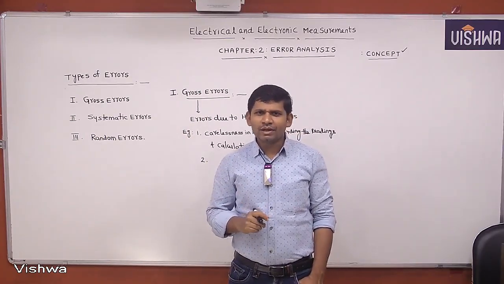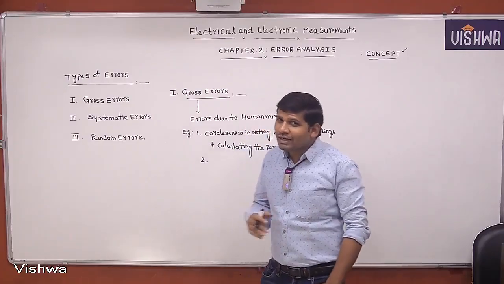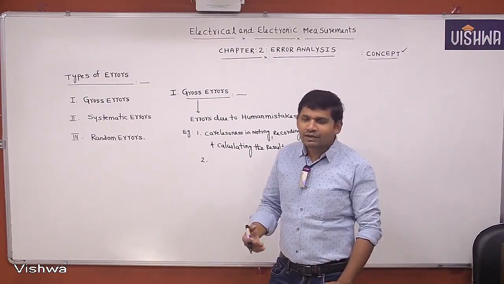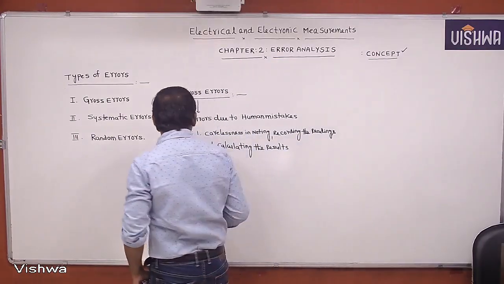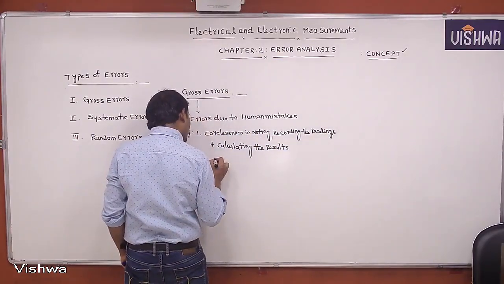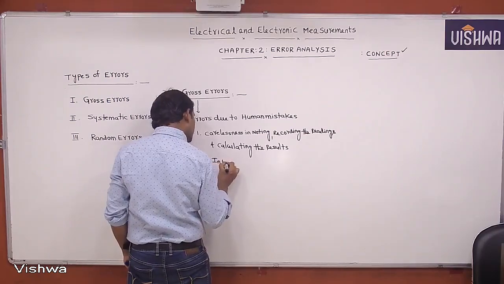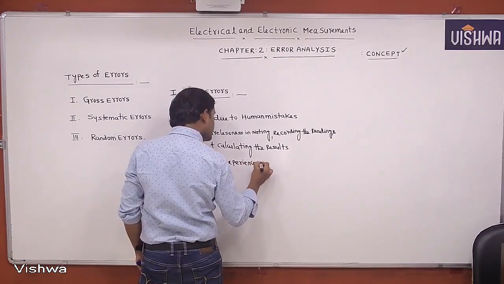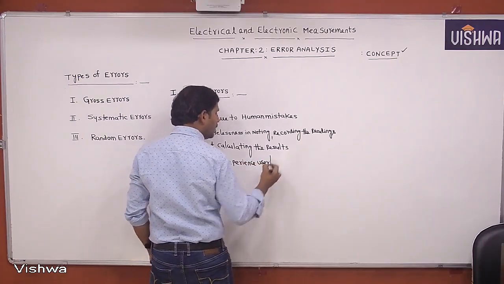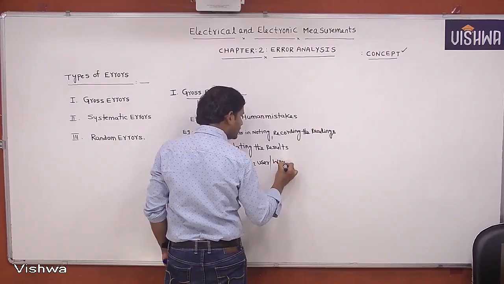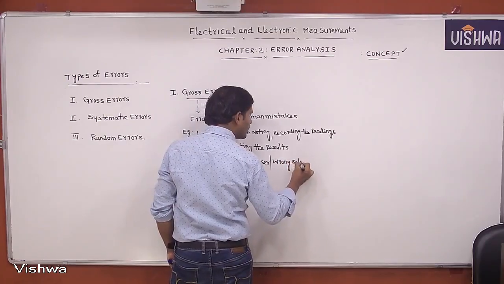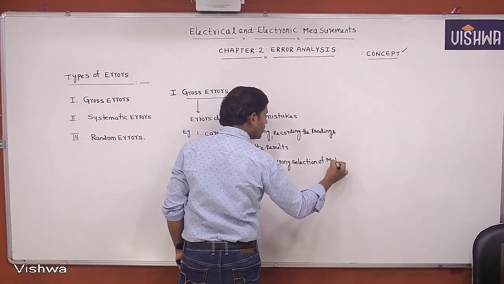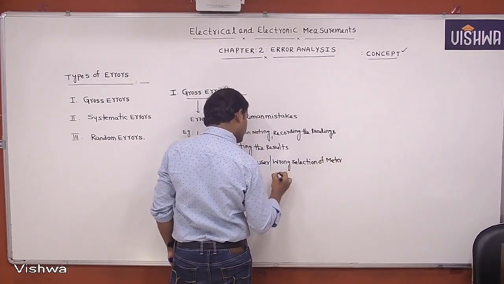That is also meaningless, because the limiting error will increase. That's why it is an inexperienced user or wrong selection of meter range.